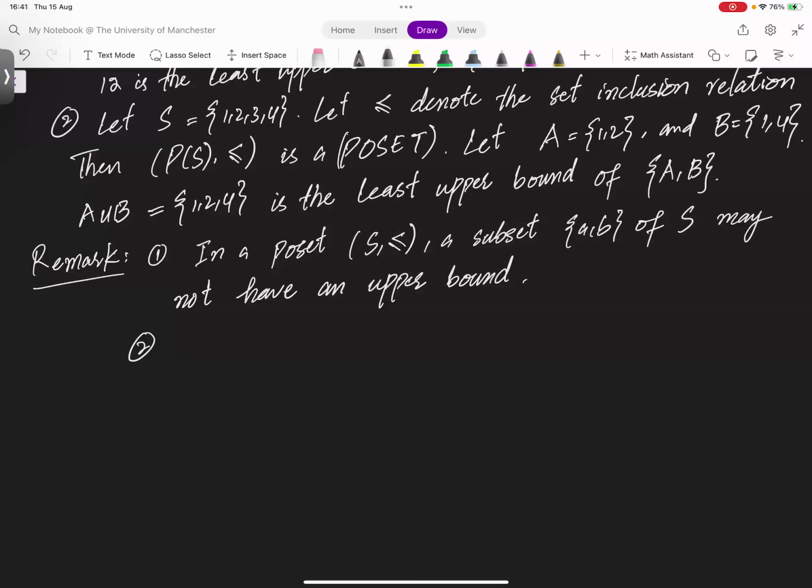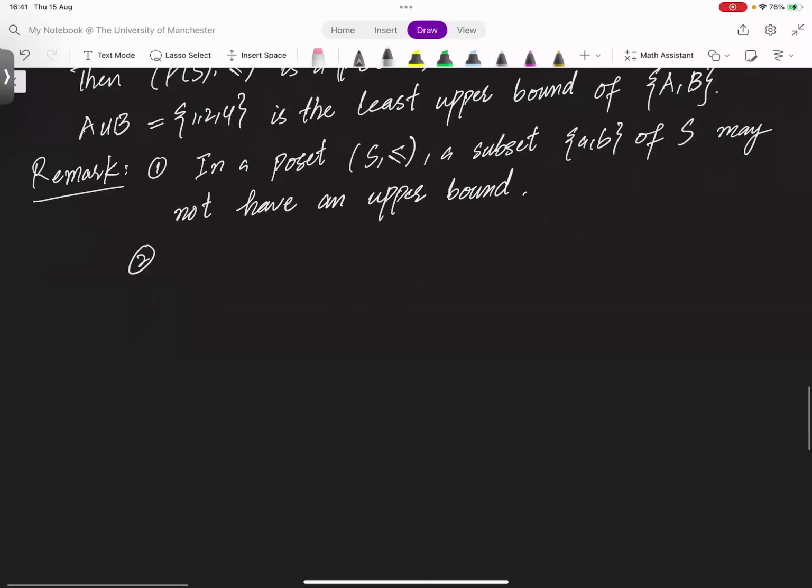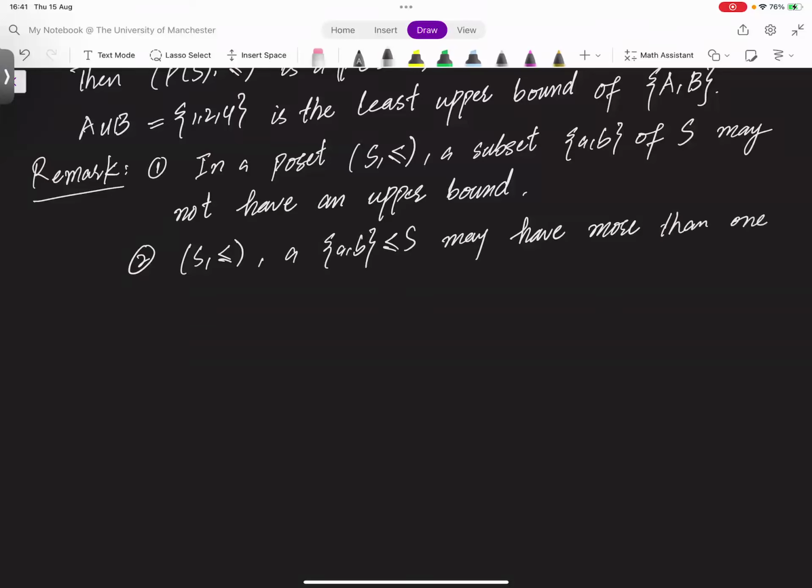Two, in this poset, a subset {A, B} of S may have more than one upper bound.